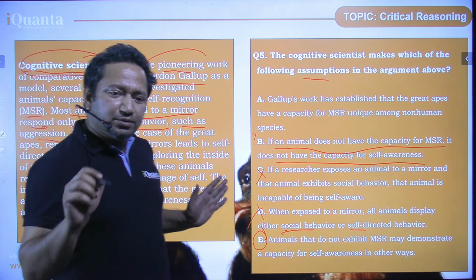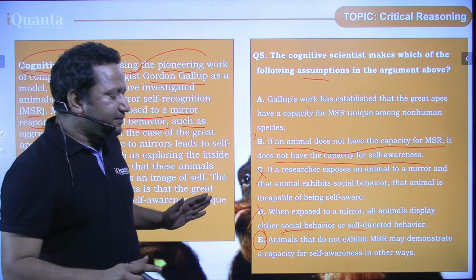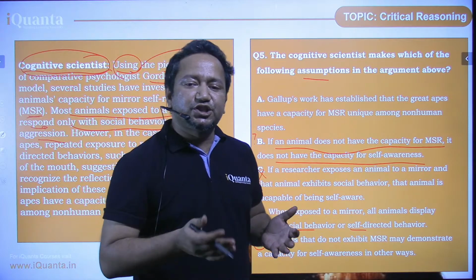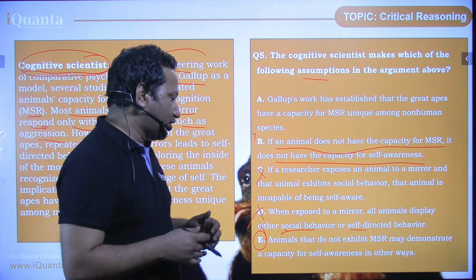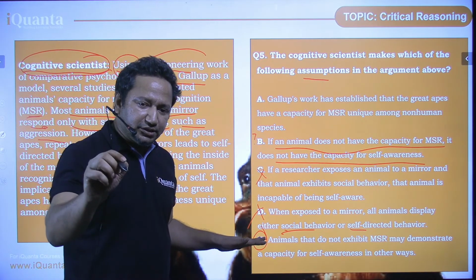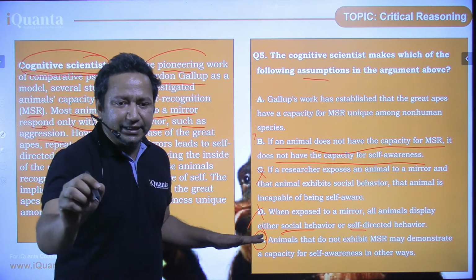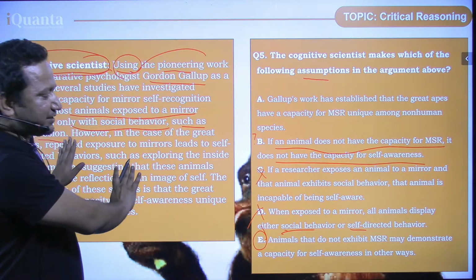If we consider option E, of course it is not an assumption, but what is it? Option E is basically an argument which can weaken, right, Akshay? That's what I'm discussing, how to eliminate the option choices.